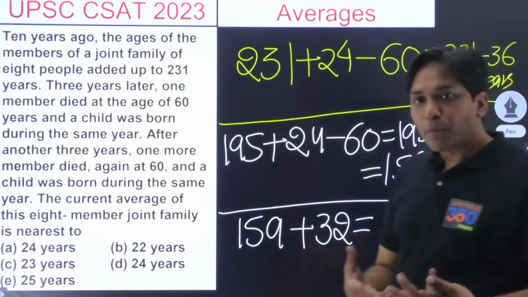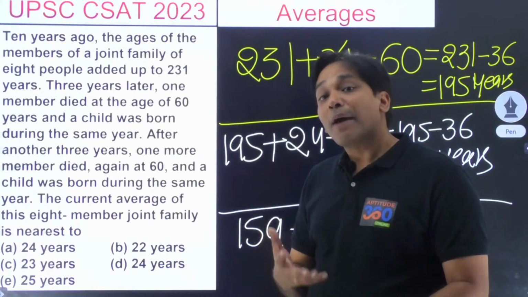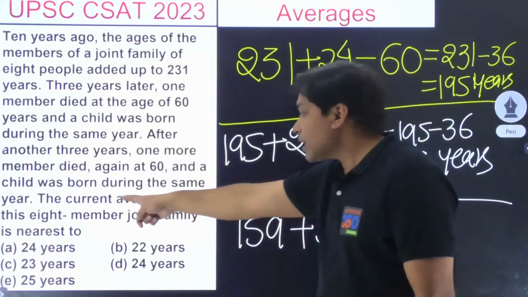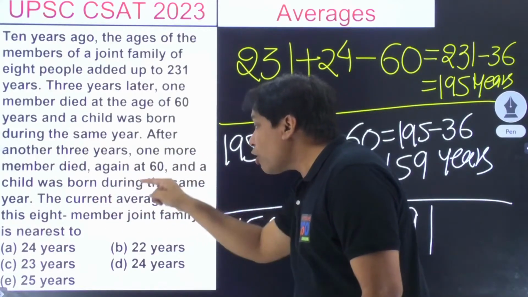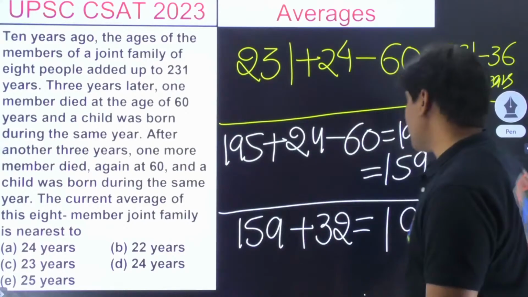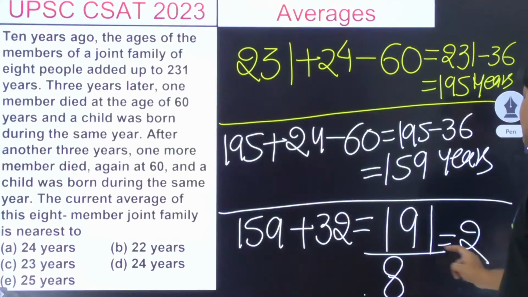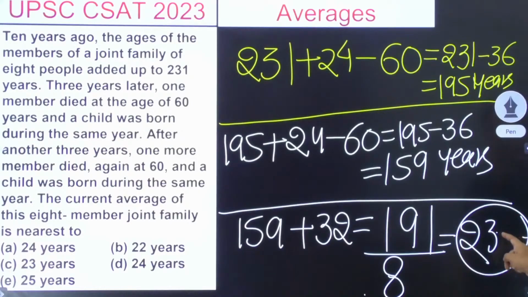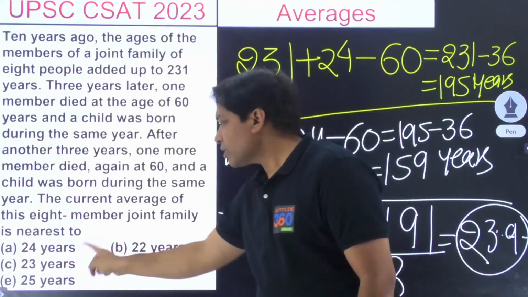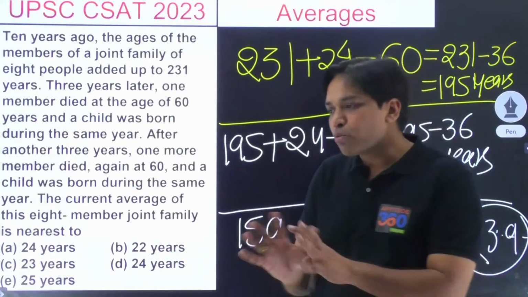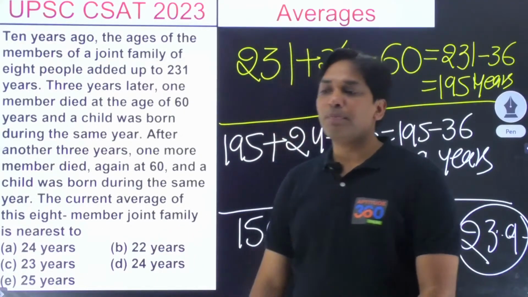So what should we be doing? We should divide 191 by 8, because they are asking you to find the current average of this 8 member family. So 191 divided by 8 is very close to 23 point something, 23.9 in fact. So it is coming out nearest to which number? It is nearest to 24. Are we understanding this problem, people?